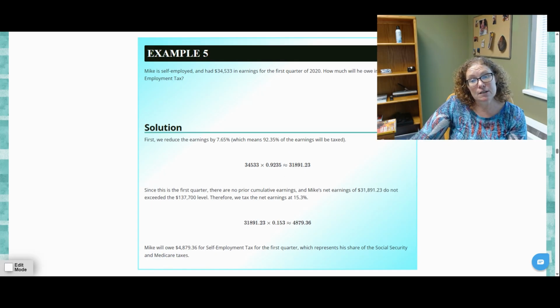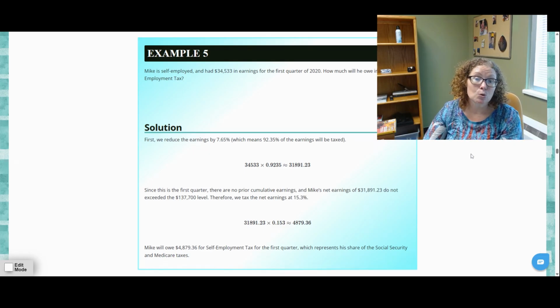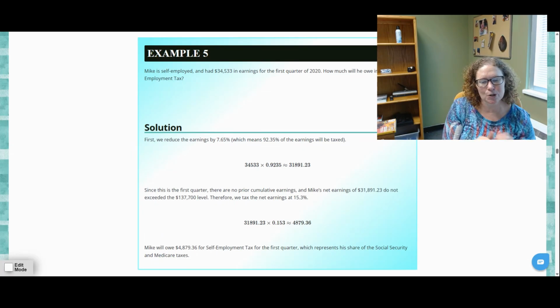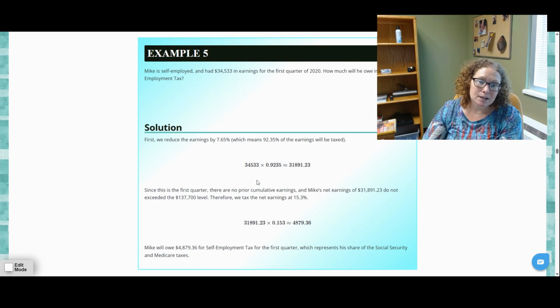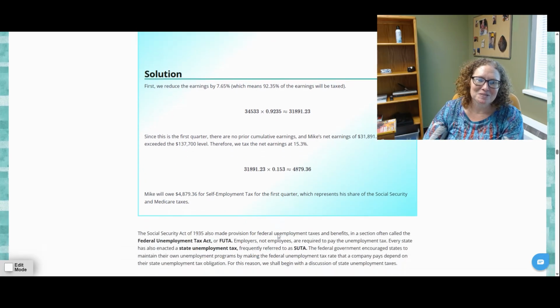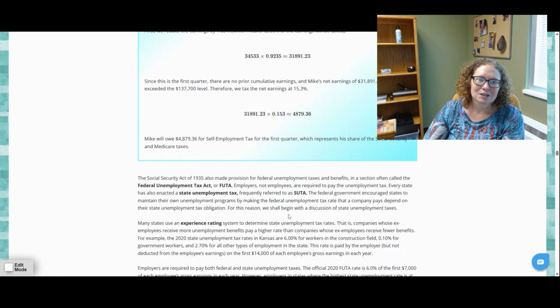And so he or she would be taxed on this amount, the 31,891, as opposed to the total 34,533. So in essence, it's like lowering the amount that they earn, because it's tax deductible on that portion. So you're only paying tax on a portion of it. So then we get that dollar amount and we multiply it by that 0.153 or 15.3%, and we get that amount.